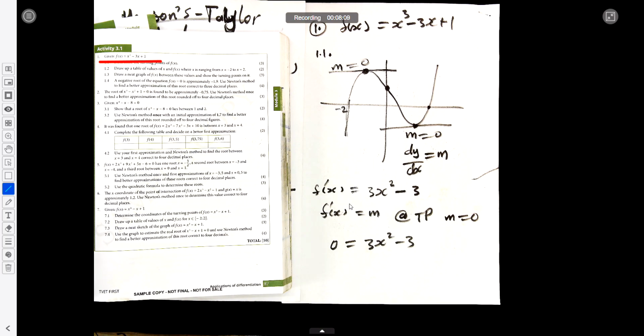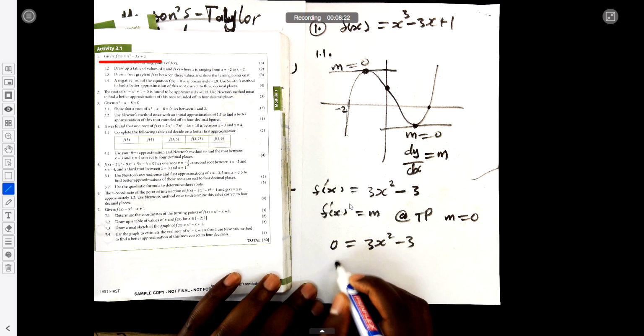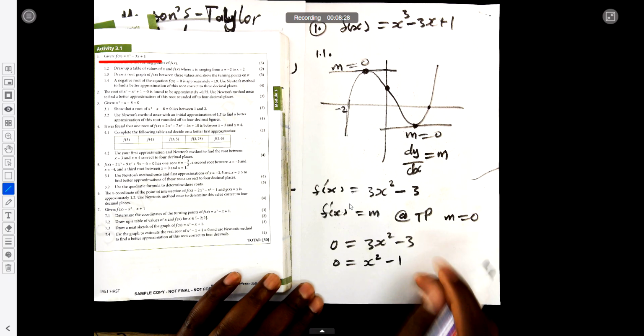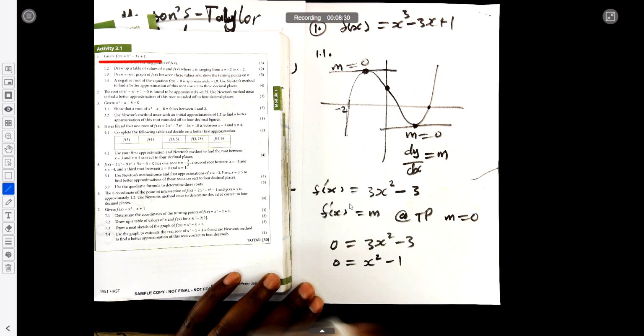And therefore, we can now solve for x. So we can divide both sides by 3, or take 3 to the other side, divide, and put a square root of plus or minus. So 0 is equal to x squared minus 1.